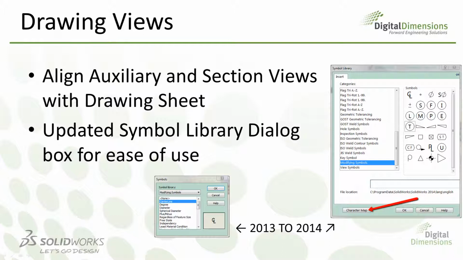And probably my favorite new button that they added to this symbol library dialog box is a shortcut to the Windows character map. So this Windows character map gives you access to all the special characters that are not found on your keyboard or perhaps in this library.